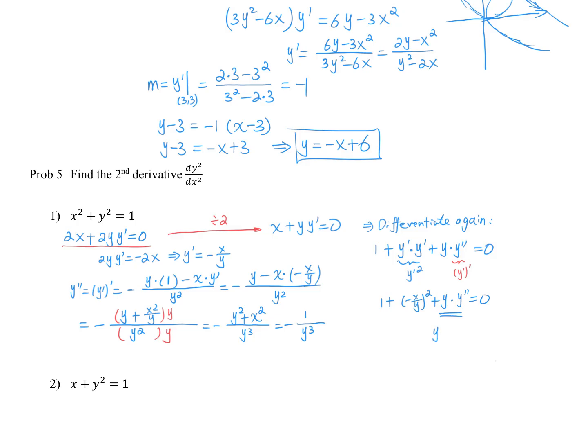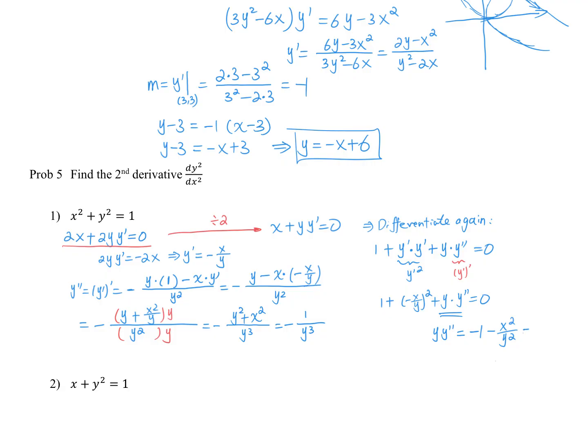We have y double prime equals, and these two terms need to go to the other side. It becomes negative 1 minus, by the way, the square, the negative sign will be gone, so it's going to be x squared over y squared. So we need to subtract x squared over y squared. And finally, we'll divide by y.